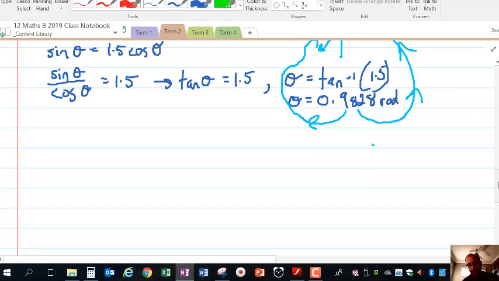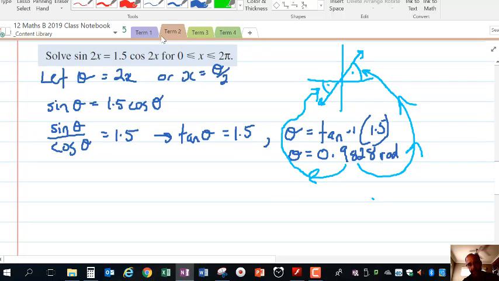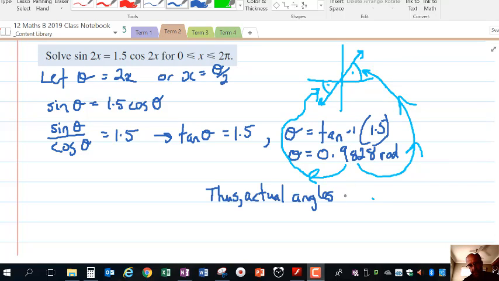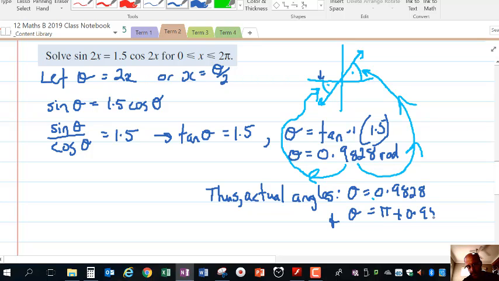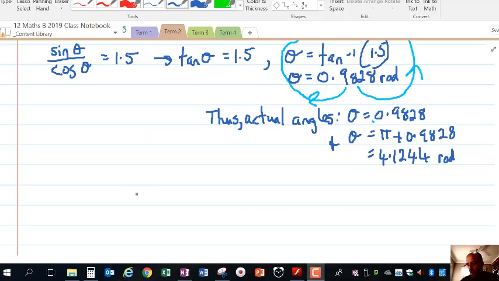Okay, so we've got the actual angle then. Basically theta equals 0.9828 because it's in the first quadrant, and we've also got theta is pi plus 0.9828. And we can calculate that like so.